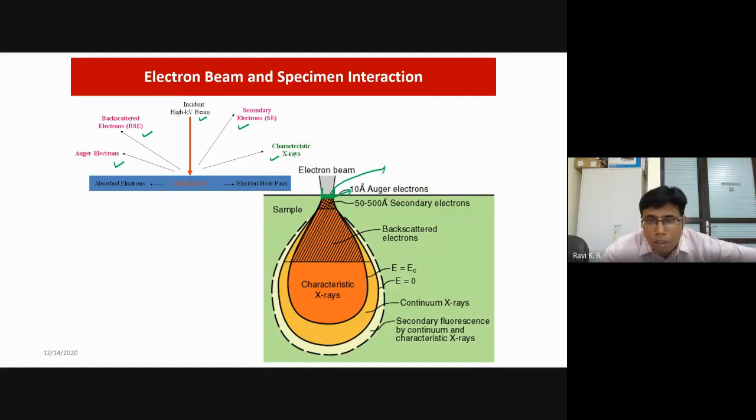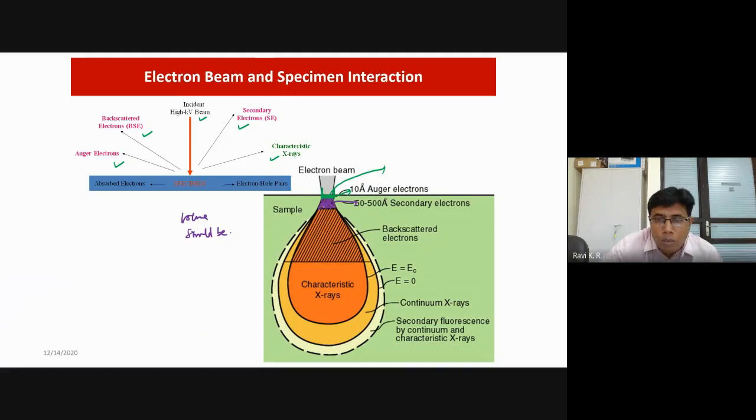This is the region from which we get the secondary electrons. Now let's see, two things are important. One is that the volume should be low to have a better resolution. Another is the depth from the surface.